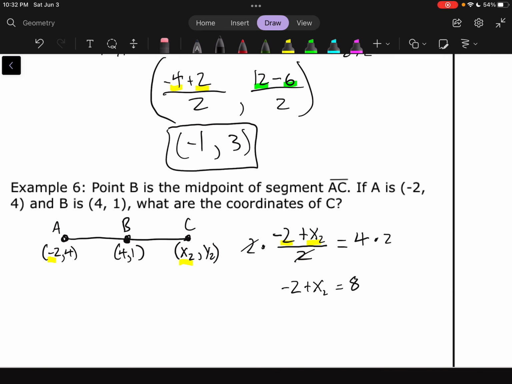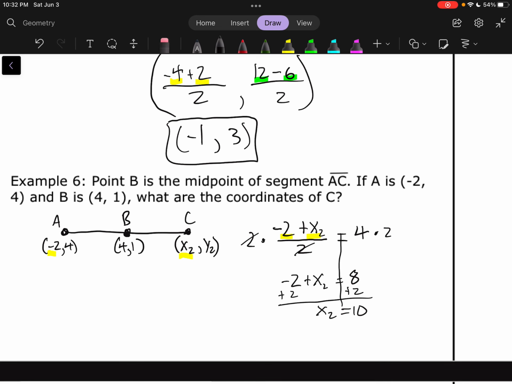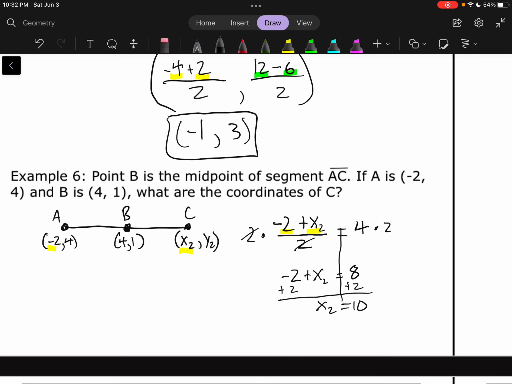So then what do? Well, we add 2, and we get 10. So that's what x2 is. Now, we can do the same thing for y.